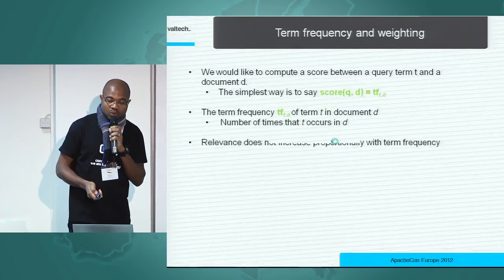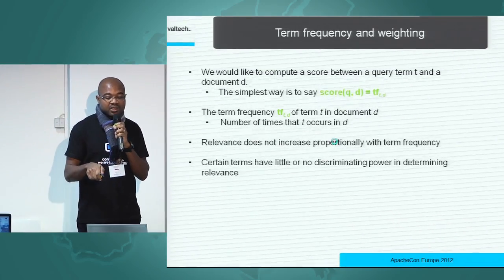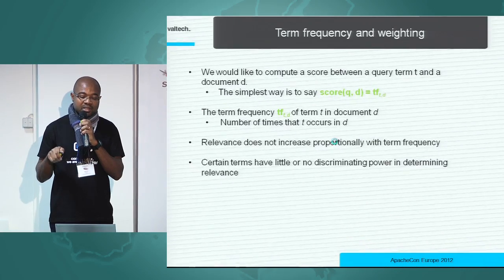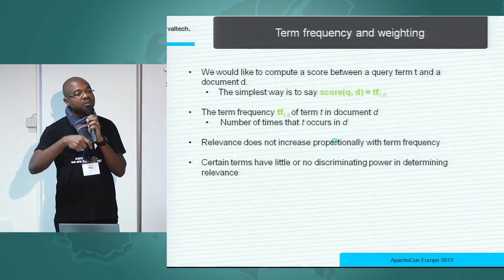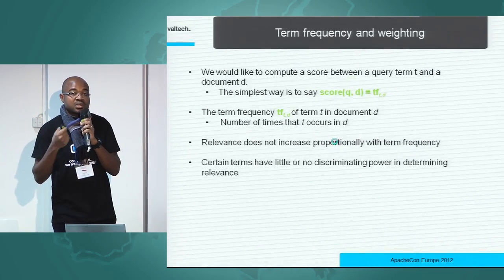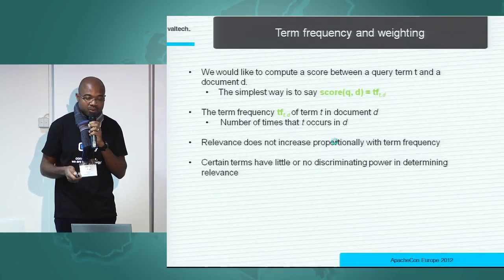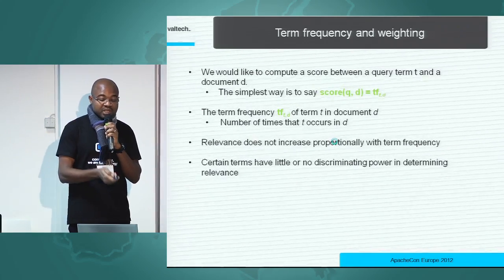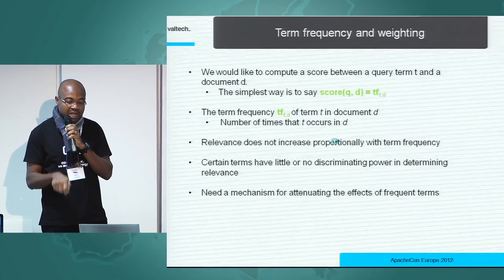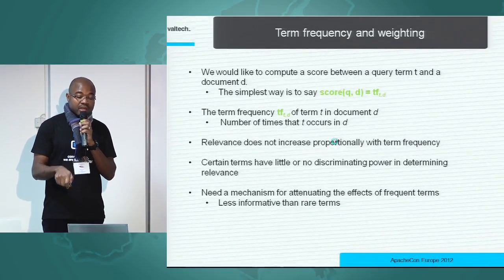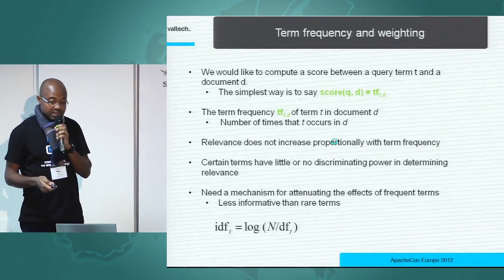Because certain terms have little or no discriminating power in determining relevance, stop words are sometimes dropped from the vocabulary because they have no discriminating value. So we need a mechanism for attenuating the effect of frequent terms, and that mechanism is the inverse document frequency.